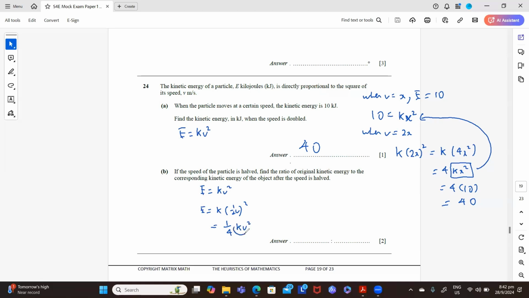So 1/4 kv squared is actually 1/4 E. So write down E is to 1/4 E. You times 4 on both sides, cancel the E out. It should be 4 is to 1. So the answer is 4 is to 1.